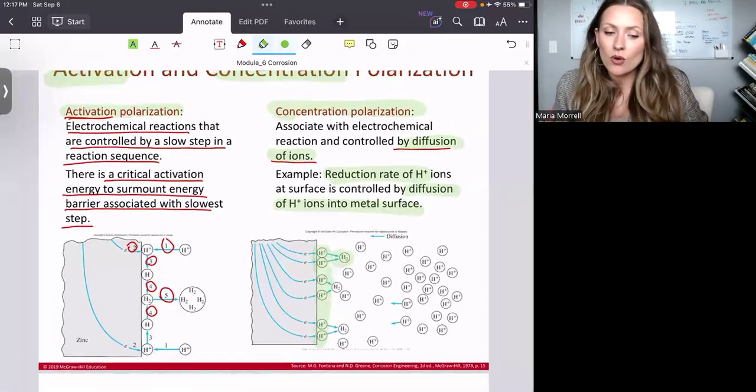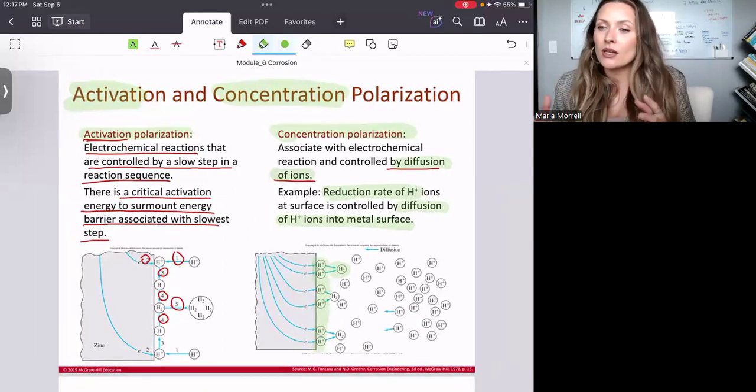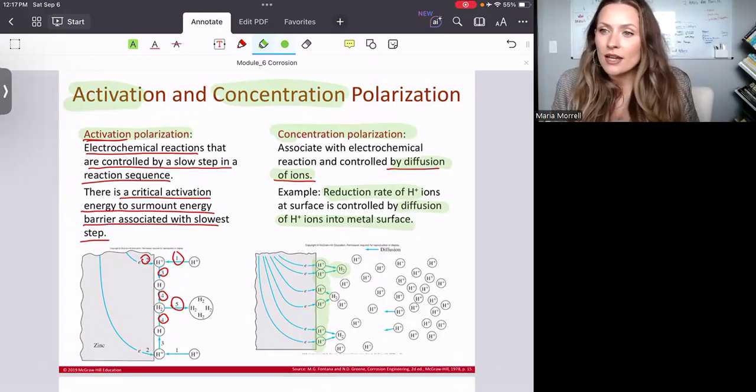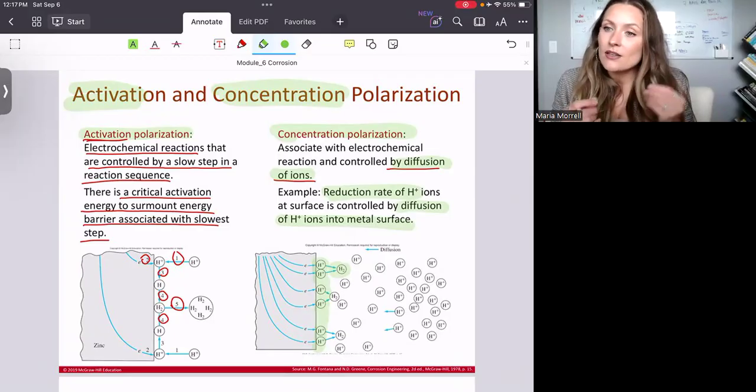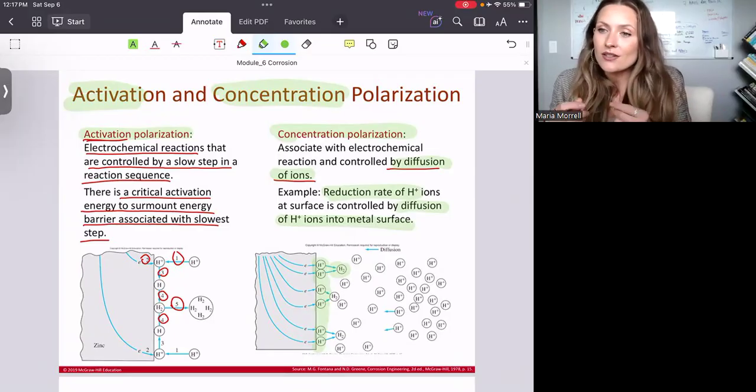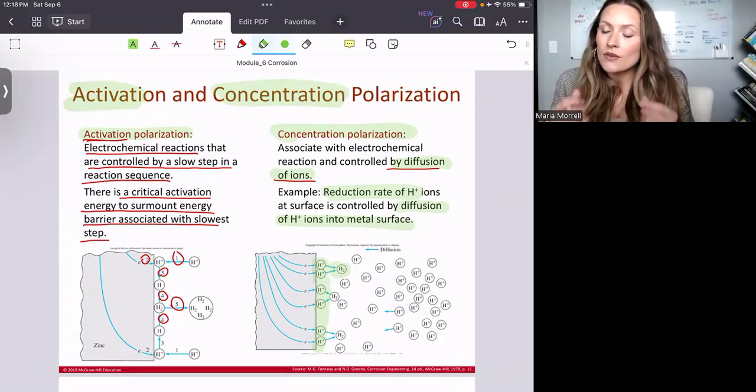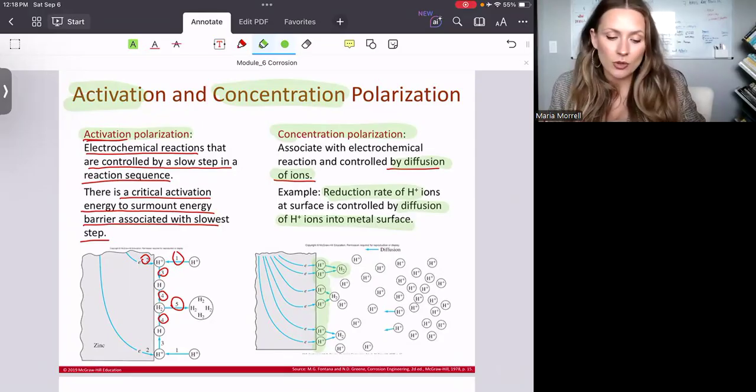This is why, whenever we encounter a corrosive media, we want to understand the primary polarization process happening in this particular case. Is it activation or concentration polarization? Because this knowledge gives us access to specific tools for controlling the corrosion process.